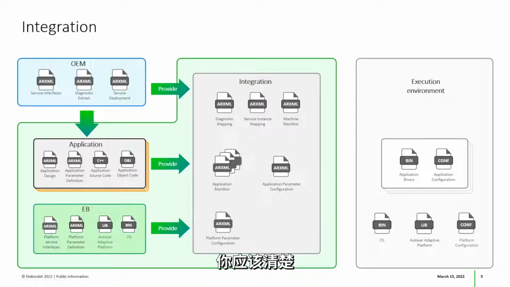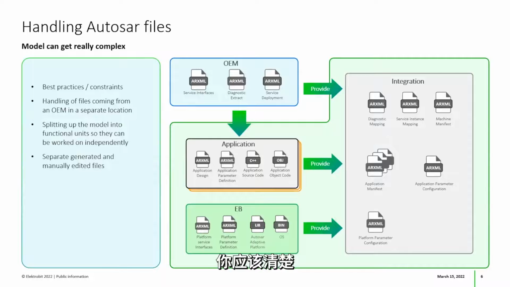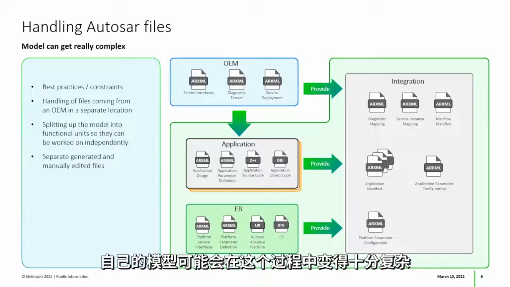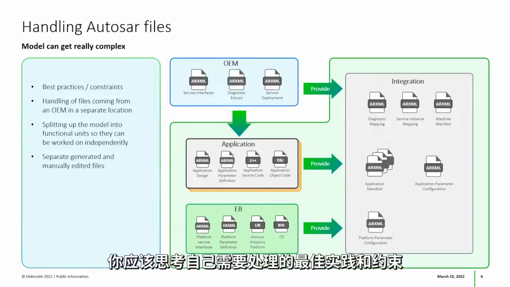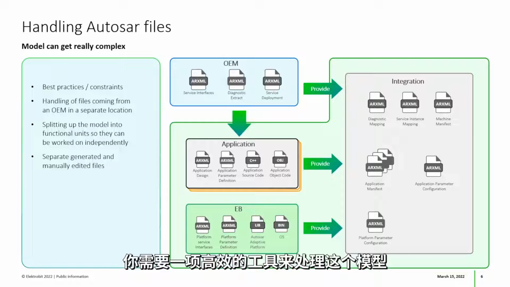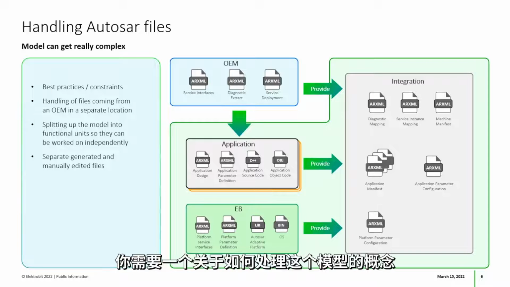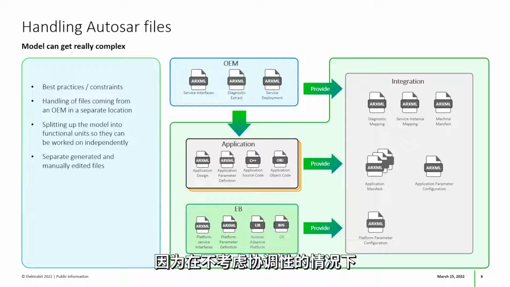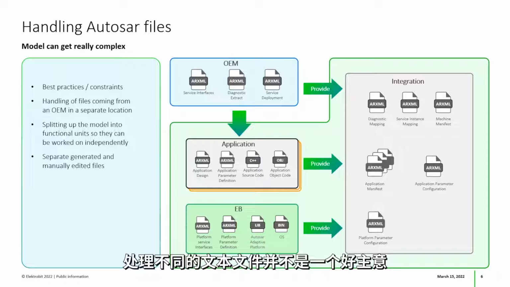And you should be aware that your model can get really complex in the process. So you should think of best practices and constraints that you need to handle. You need an efficient tool to work on the model. You need a concept for how you work on the model, because working on different text files without coordination is also not a good thing.